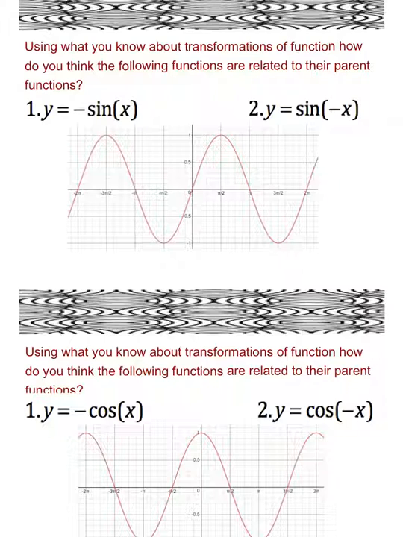So now what I want to do is look at what negatives do. Using what you know about transformations of functions, how do you think the following functions are related to the parent? In this first example, I've got sine already graphed, and I want to look at negative sine of x first. Whenever I have a negative out front, it changes my y values to negatives and negates their sign.